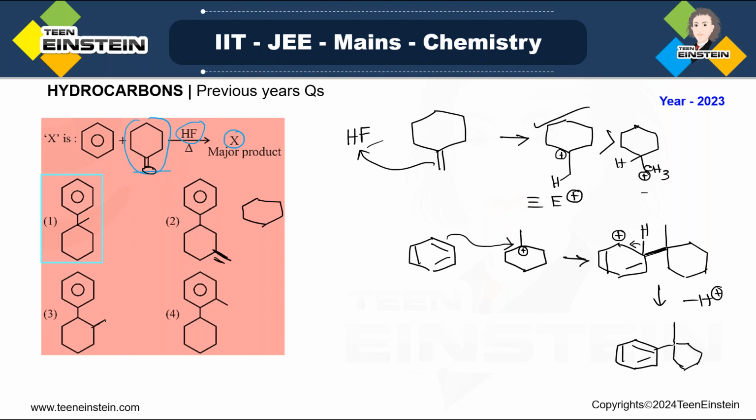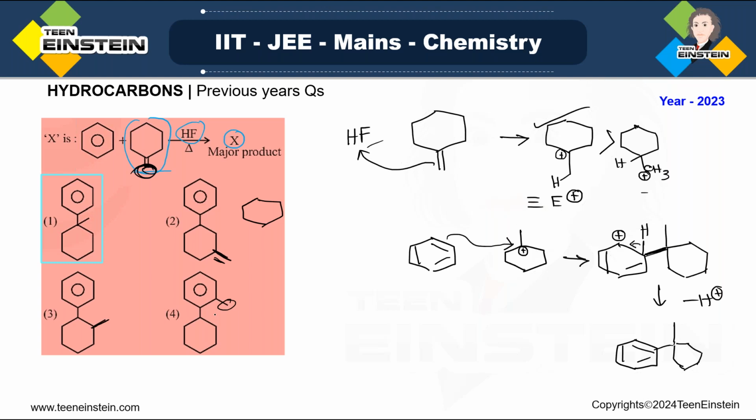Then in option 3 also, with respect to this methyl group, which is basically this carbon, it is at the 2 position. That is also not possible. Fine. And here the methyl group is directly on the benzene ring, but from where would the methyl group come onto the benzene ring? It is not possible at all.